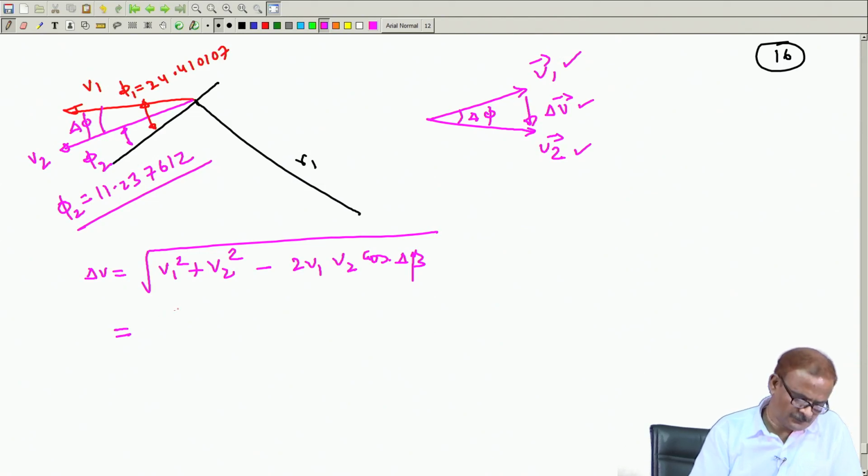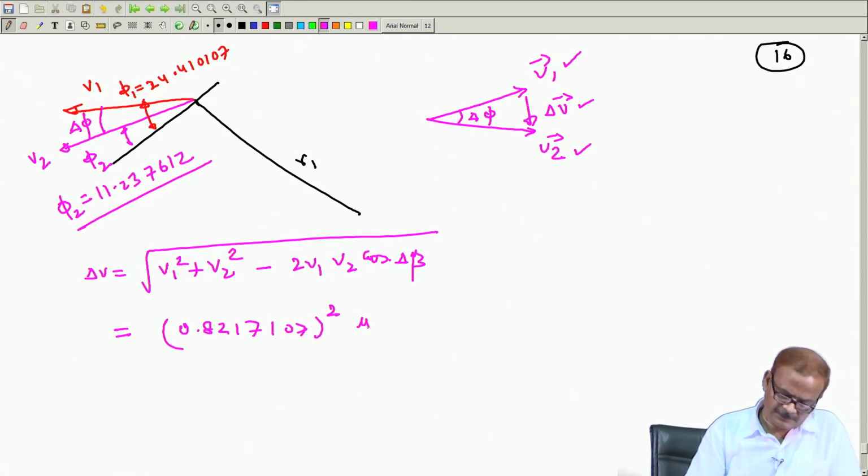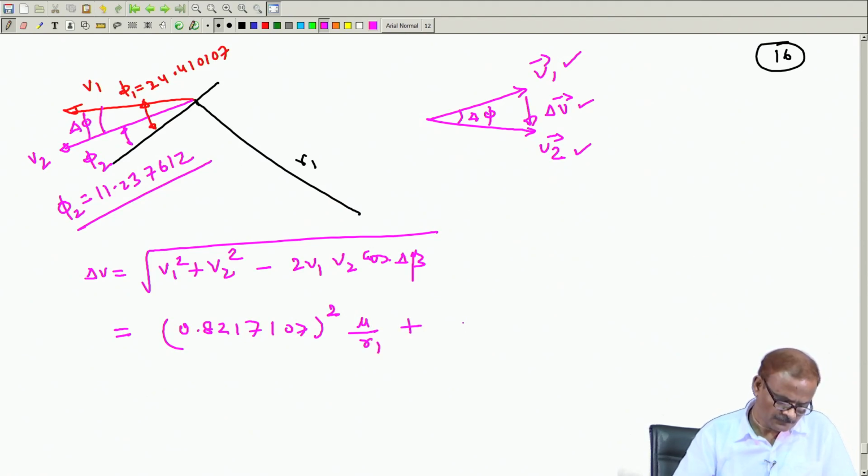So, delta V, you put the values here: 0.8217107 square, this will be mu by R 1, plus 0.879393 square divided by mu by R 1.